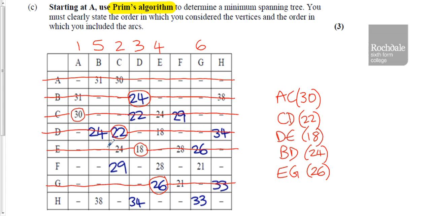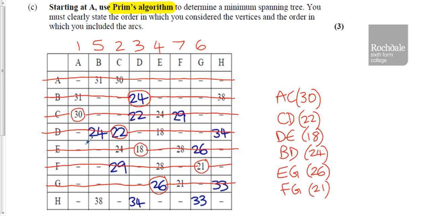So continuing looking down all the numbered columns, and the smallest number that hasn't been crossed out. So it's either 38 or 29, 34, 28, 21 or 33. Clearly it's 21, and that is edge FG. Cross out F row, put a number, so that'll be number 7.